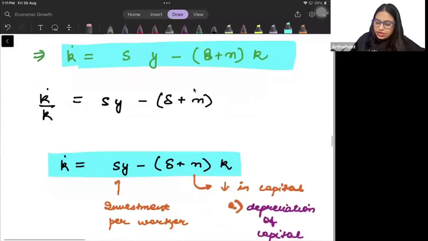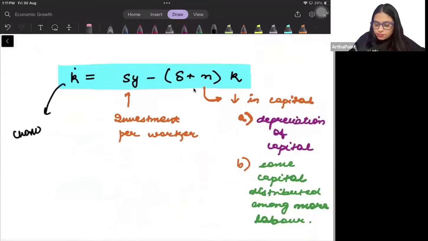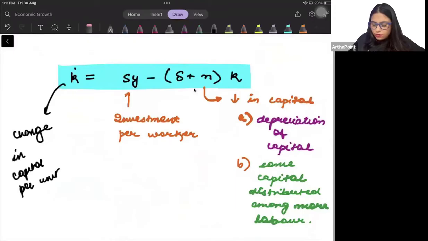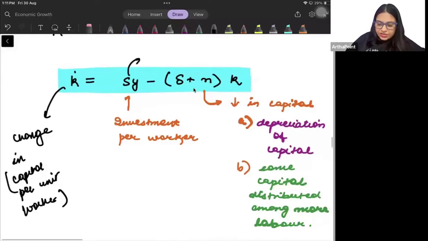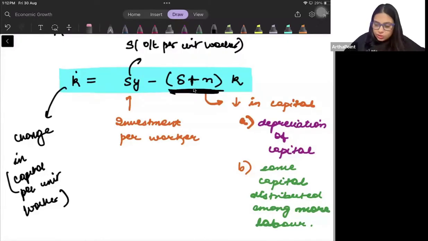तो हमारा equation क्या आ गया? What is the equation we have got? We have got that the change in capital per unit worker is going to be savings rate into output per unit worker minus depreciation plus the rate of change of the labor into the capital per unit worker.